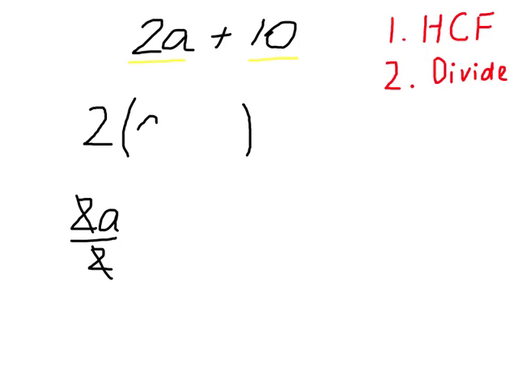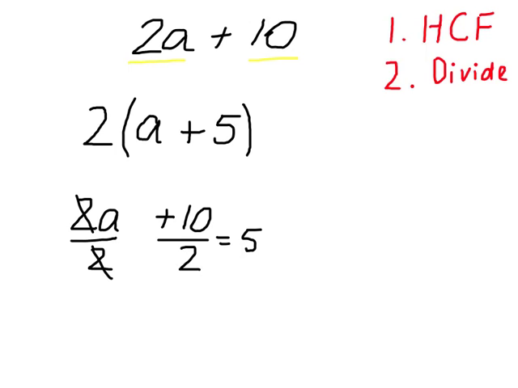So we put a in the brackets. The next term was 10, and now it's a positive 10, so we're going to write out positive 10. We've got to remember that for other times. Divided by 2, and 10 divided by 2 now equals 5, so plus 5. And that's how we factorise that one.